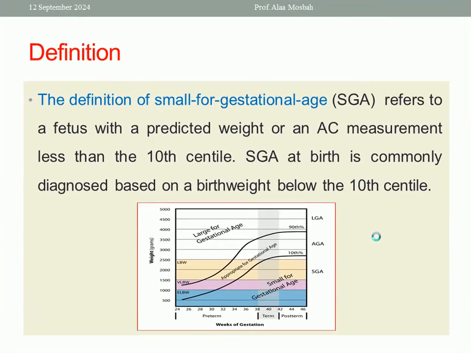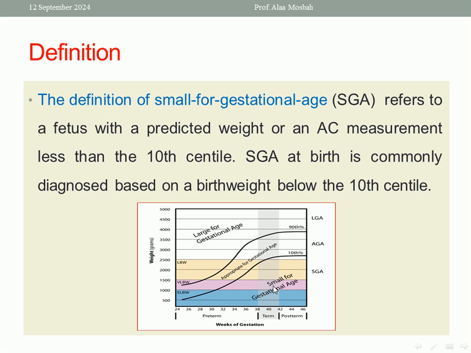So the second definition is small for gestational age, SGA. This refers to a fetus with a predicted weight or an abdominal circumference measurement less than the 10th centile. As you see in this chart, below this curve here is small for gestational age.